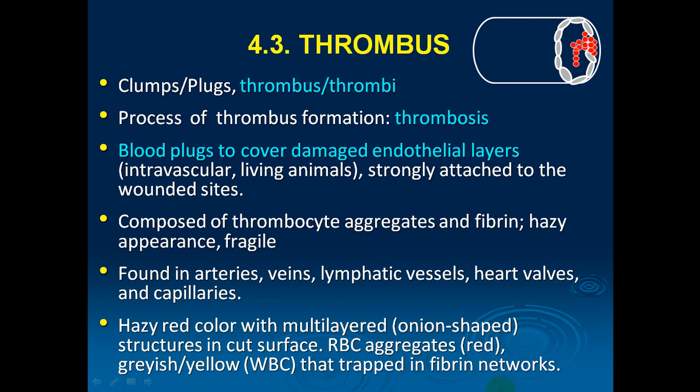So in a thrombus, there will be formation of fibrin as part of the activation of fibrinogen. Fibrinogen is activated into fibrin. This fibrin will trap erythrocytes and white blood cells, and this fibrin is a very firm, solid structure that will make plugs to cover the damaged area.